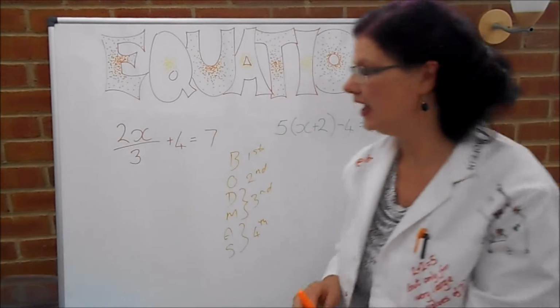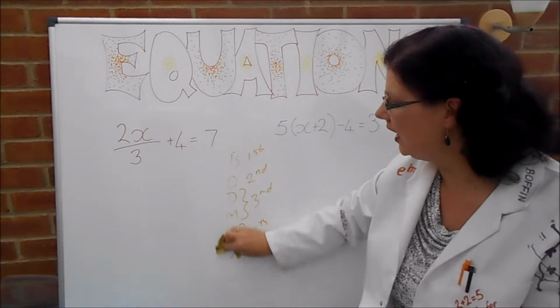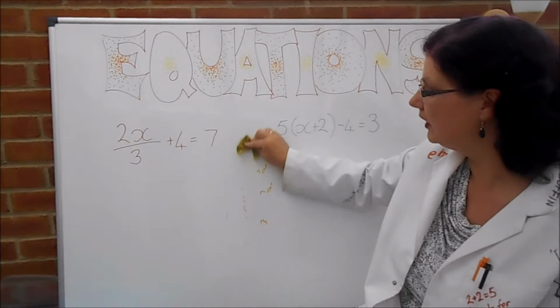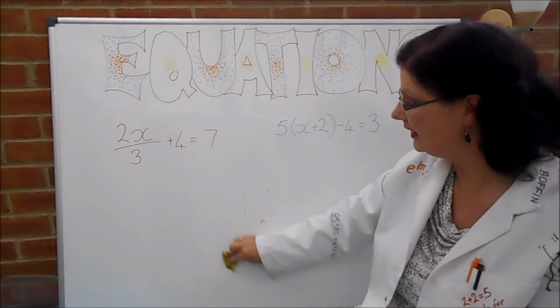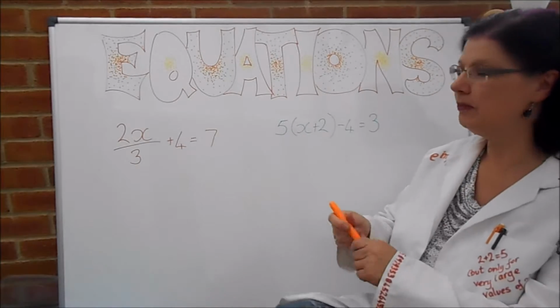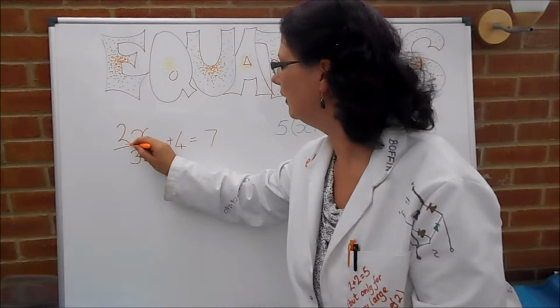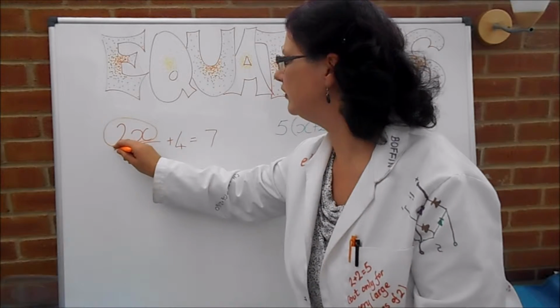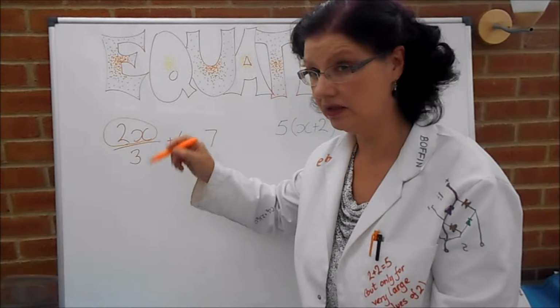So on our equation here, we've got a times by 2 and we've got a divide by 3. Those are both at the same level. So for this one, I'm going to put the ring around the multiply as being the closest in one, just because it makes it slightly easier. It doesn't actually matter on this one.